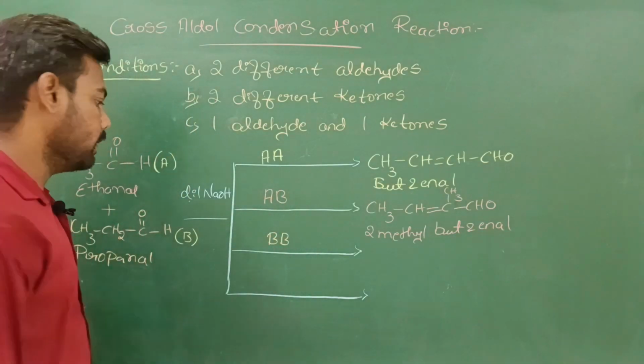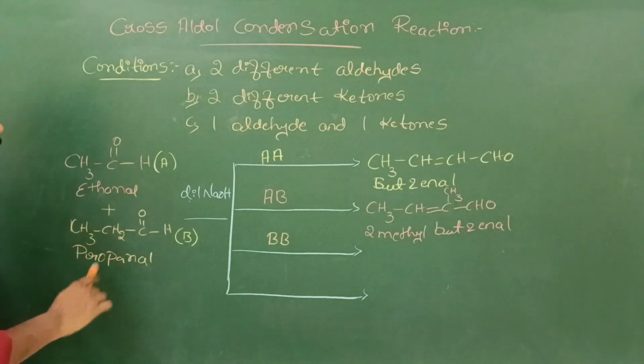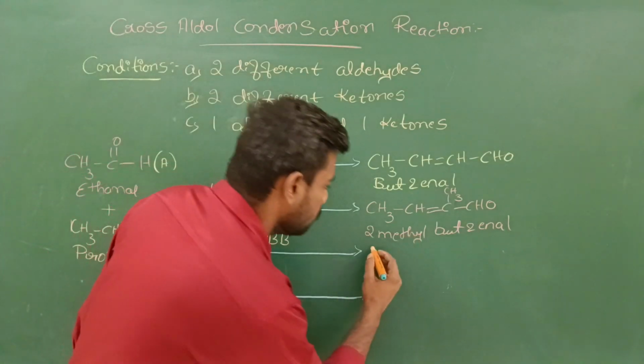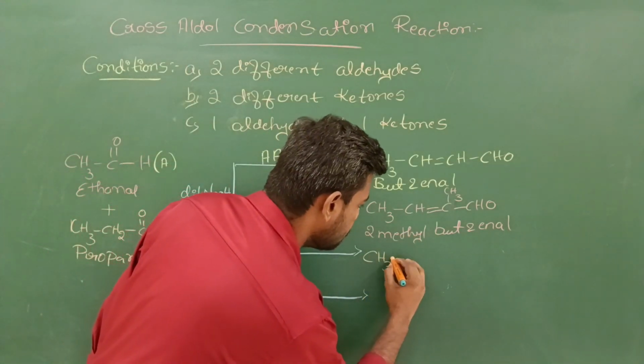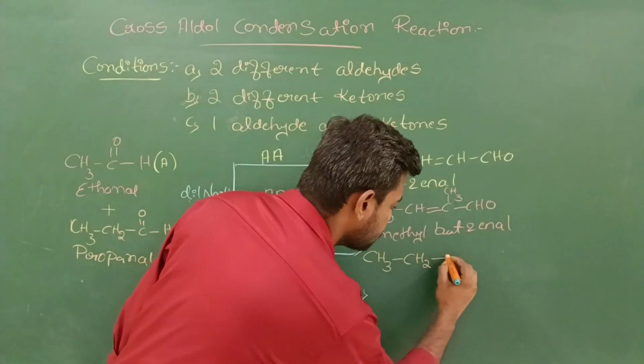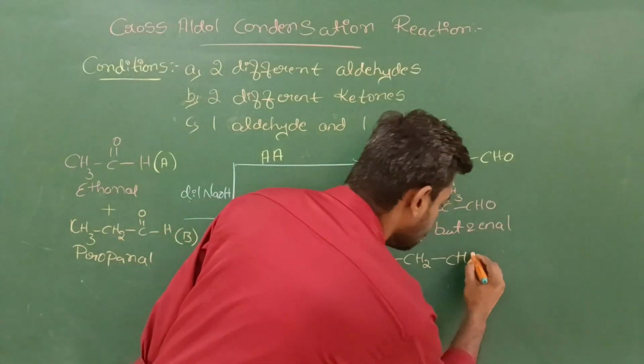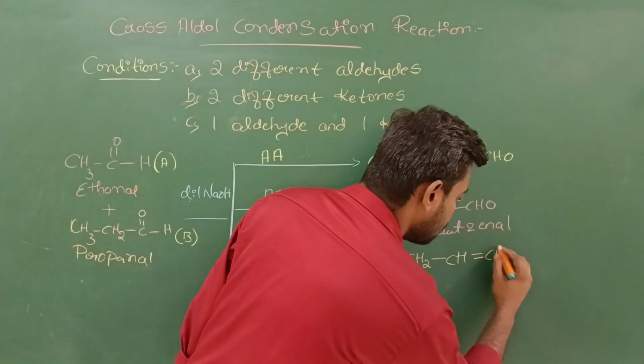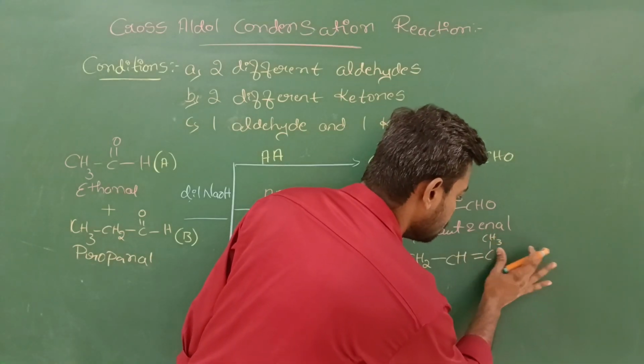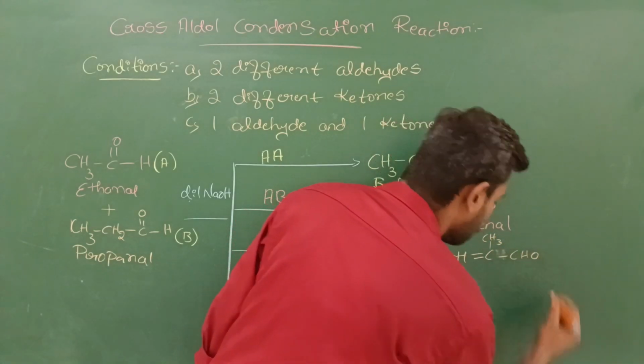And next one is B plus B. This propanal undergoes self-Aldol condensation to form CH3-CH2-CH=C(CH3)-CHO.